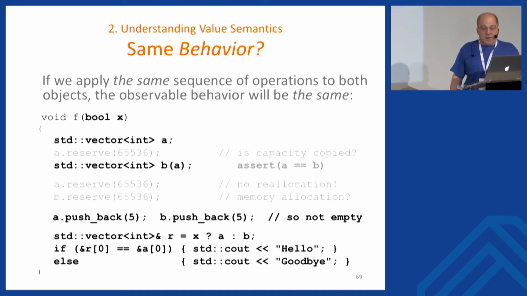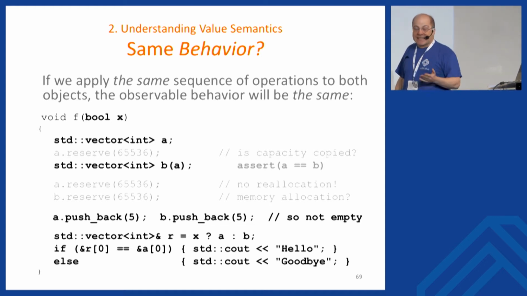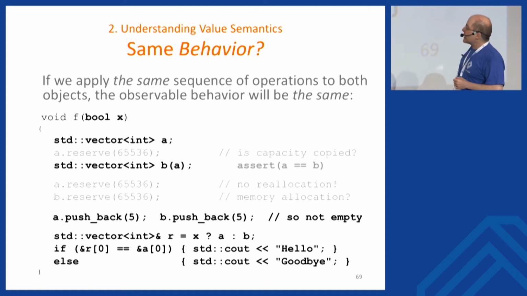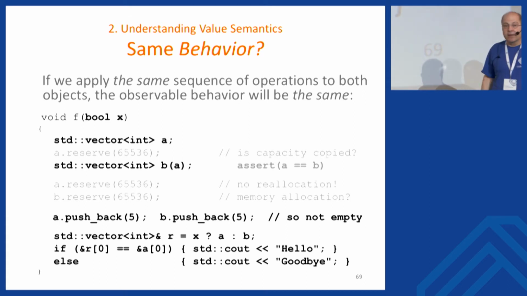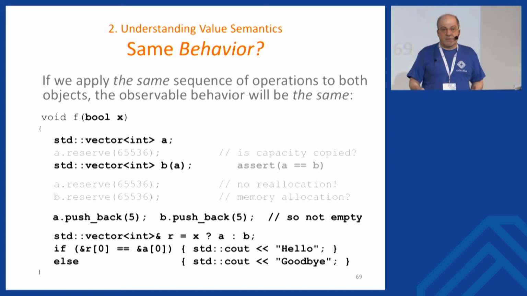And so we really don't know, but you could say, well, is that a general property or not? And it turns out that I can create this example here where, by passing in a Boolean at runtime, I can select, based on the object's address alone, whether this prints hello or goodbye. So clearly, if I have two different objects that reside at two different addresses, they're not completely substitutable no matter what.